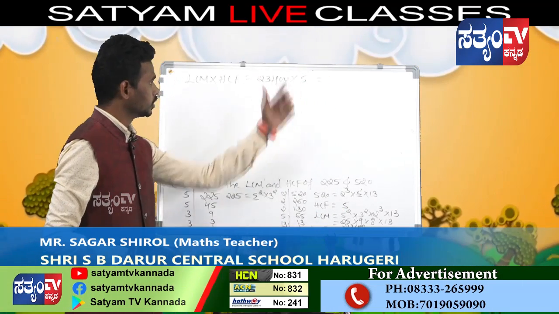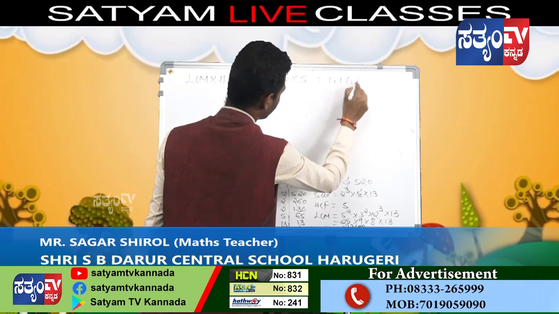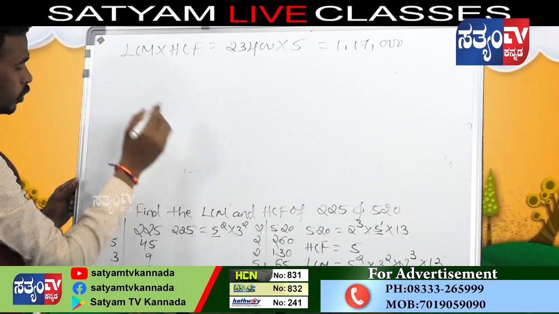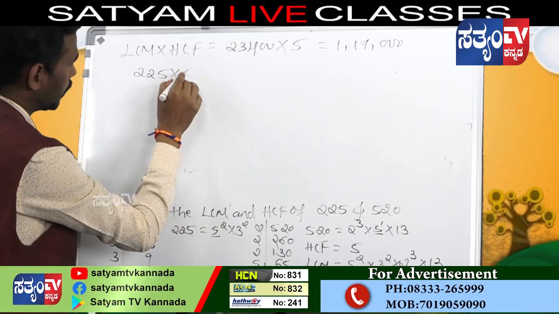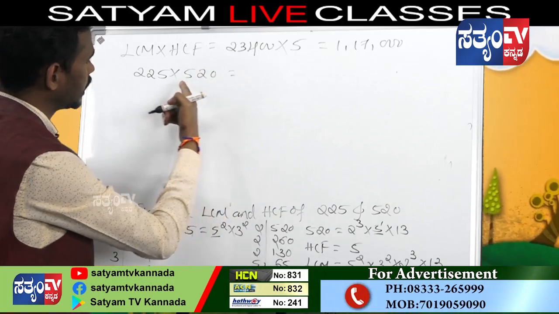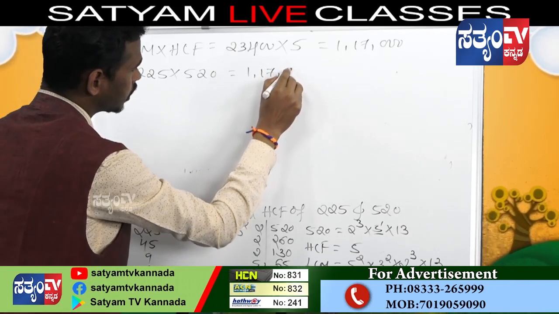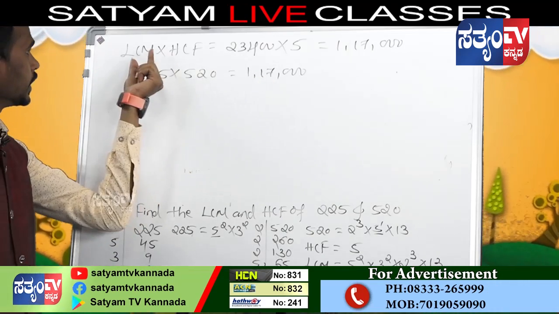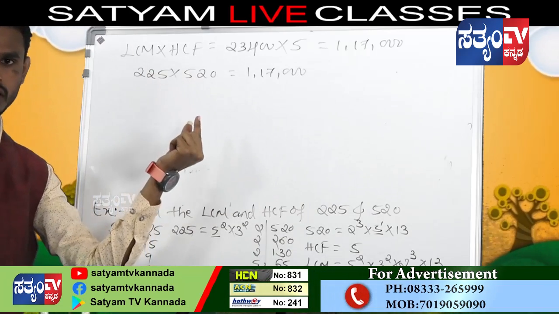Multiply these two, you will get 1,17,000. Multiply the given two numbers, 225 into 520, and you will also get 1,17,000. So LCM into HCF gives the product of the two given numbers.